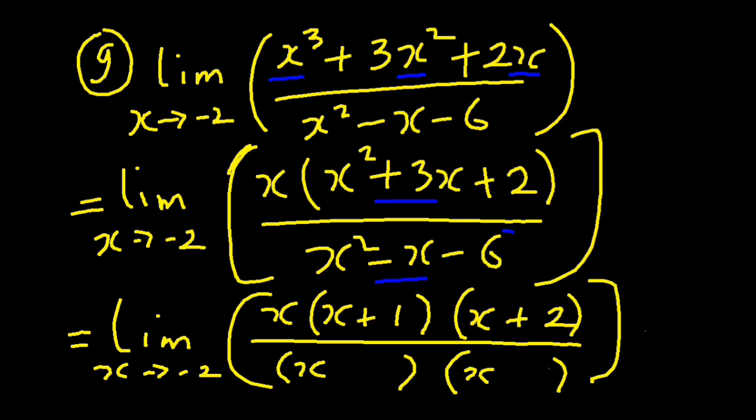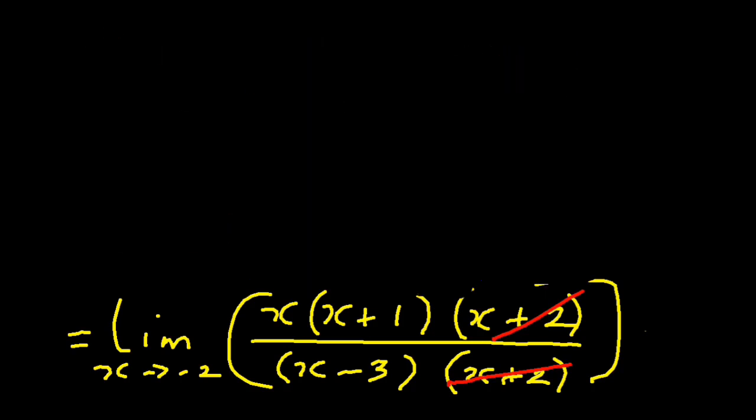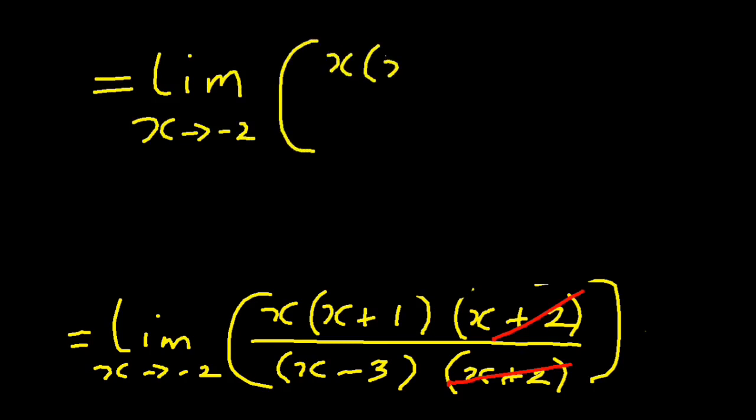Since our product is 6 and each factors 3 and 2. So to get minus 1, this is minus 3 and plus 2. We can now see that x plus 2 will cancel x plus 2. So it will left the limit when x tends to minus 2 into x plus 1 over x minus 3.